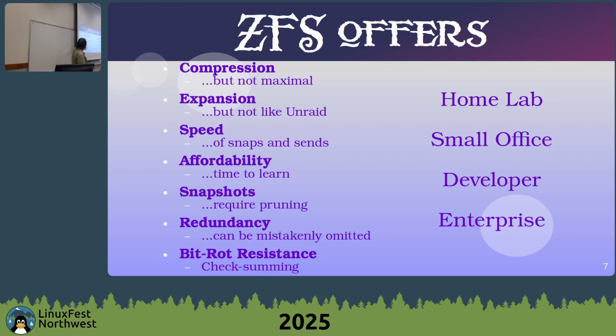Well, okay, so affordability: you don't have to pay for it, but you're going to pay time to learn, but that's the same as any technology. Well, you can have tens of thousands or hundreds of thousands of snapshots. They do take disk space, and if nothing changes, they take metadata space.